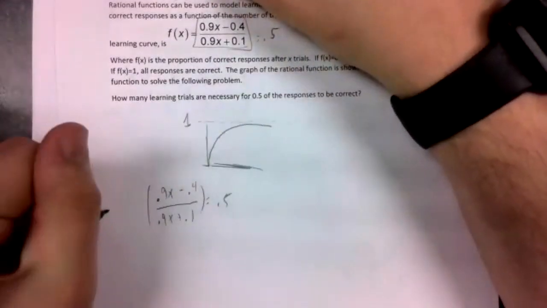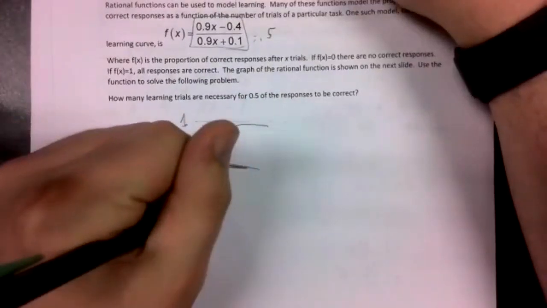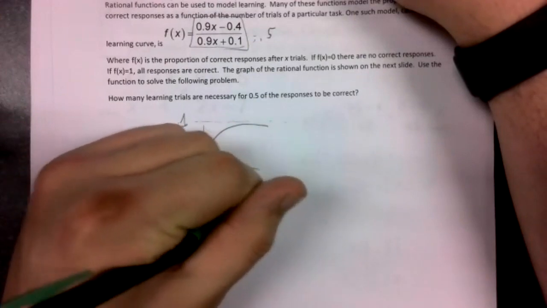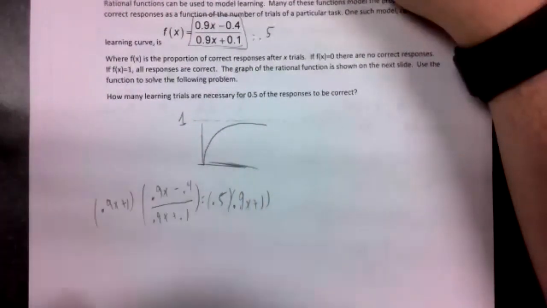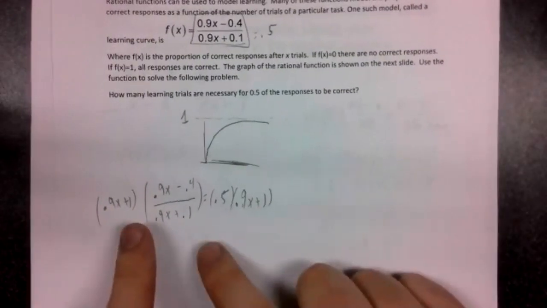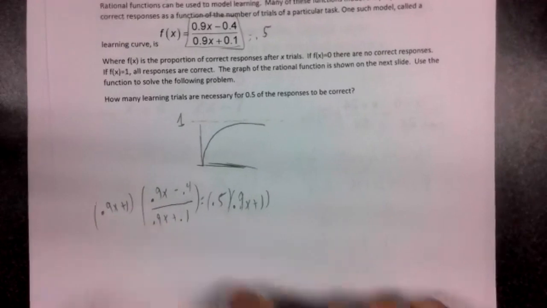So I'm going to multiply both sides by 0.9x plus 0.1, and I'm going to multiply the other side by the same thing, 0.9x plus 0.1, right? I'm just multiplying both sides by the denominator. And what that's going to accomplish is it's going to cancel these two, right? Because we have this in the numerator, this in the denominator.